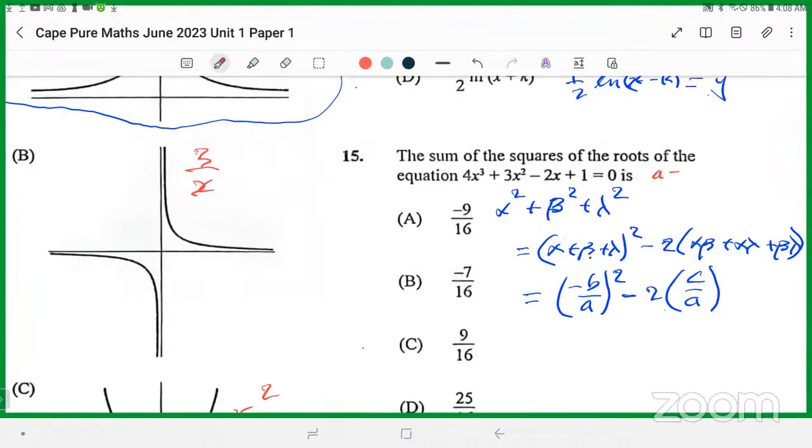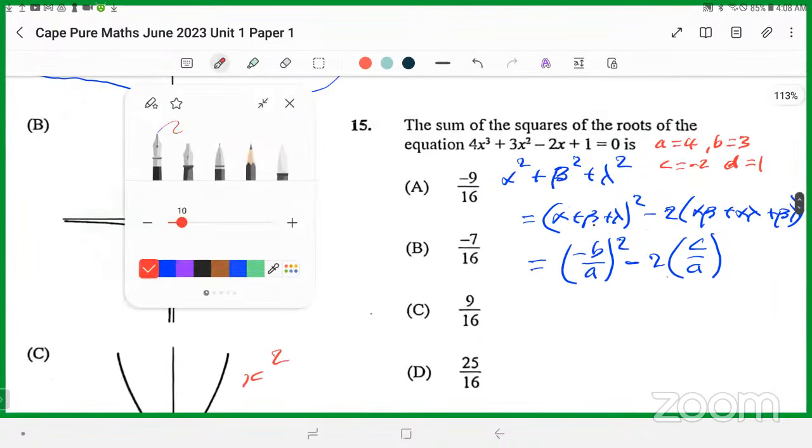The a is this 4, the b is this positive 3, the c is this negative 2. There's no need for the d, but if you wanted it, the d is this 1. But the d is not going to be used here.